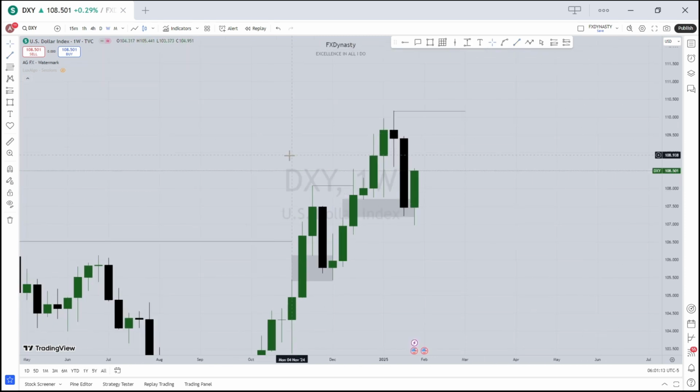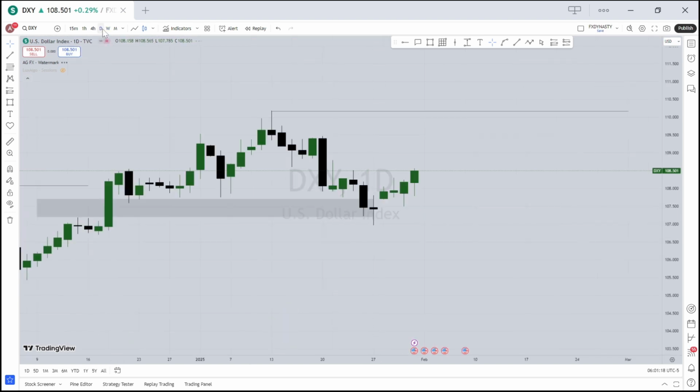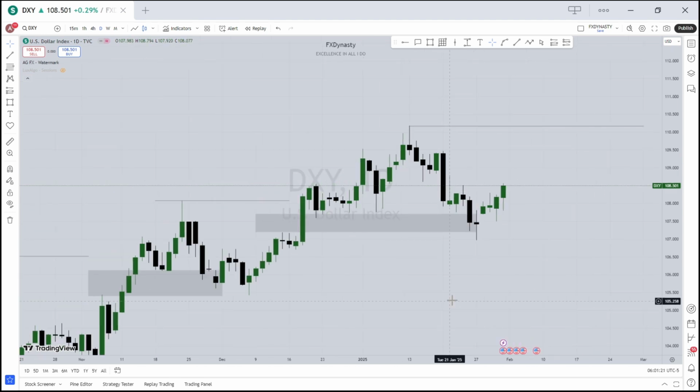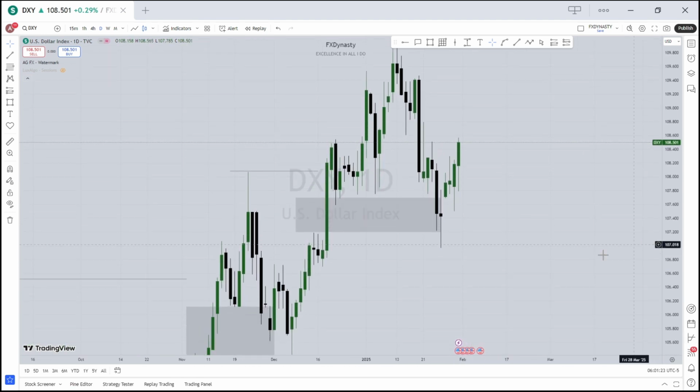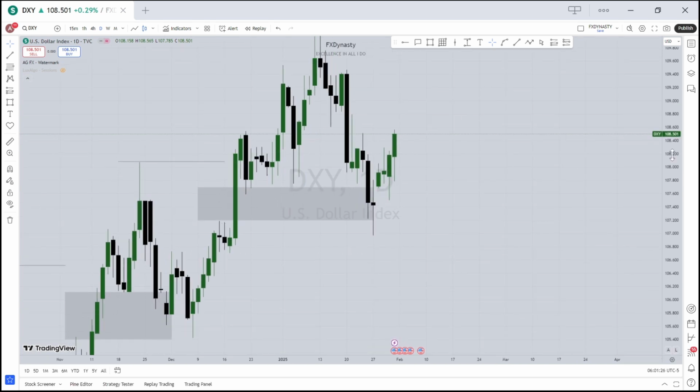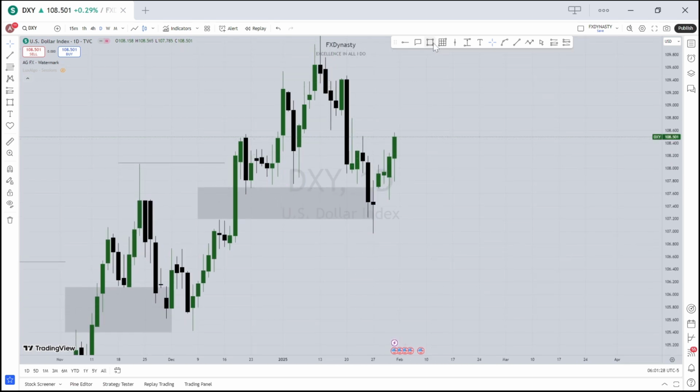So let's go down to the daily time frame where we can see price very clear. On the daily time frame, what we notice is that when price came into this weekly imbalance here, we had this dodgy candle, an indecision candle that closed inside the imbalance, giving us the signal that price might want to push to the upside.